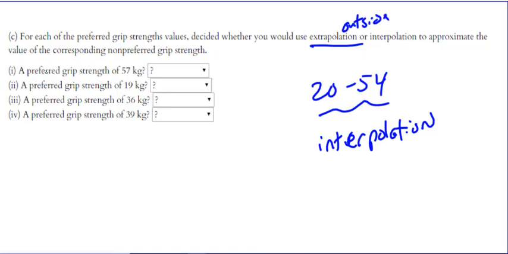So 57 is outside, so it'd be an extrapolation. 19 would be outside, extrapolation. 36 would be in, interpolation, and then 39 would be that. So that gives you how you do that. Those are just big words for: is the data I'm wanting inside my measurements, or outside of it, which means you'd extrapolate.